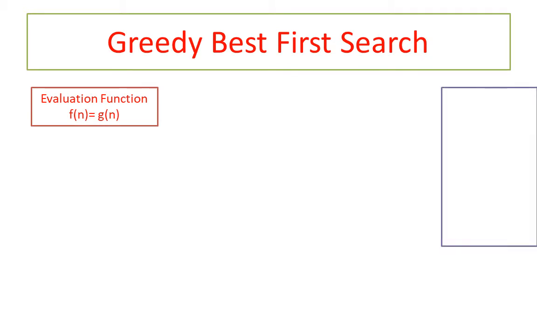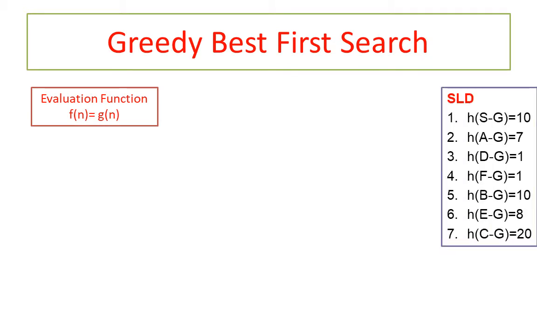So let us see greedy best first search in detail. This is the evaluation function, and these are the straight line distances. First we are in the starting node, and from the start node we have three adjacent nodes.